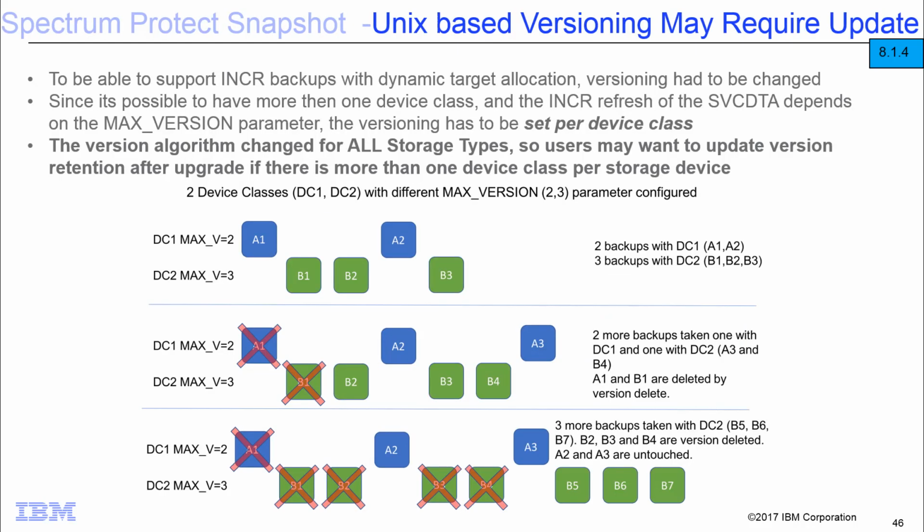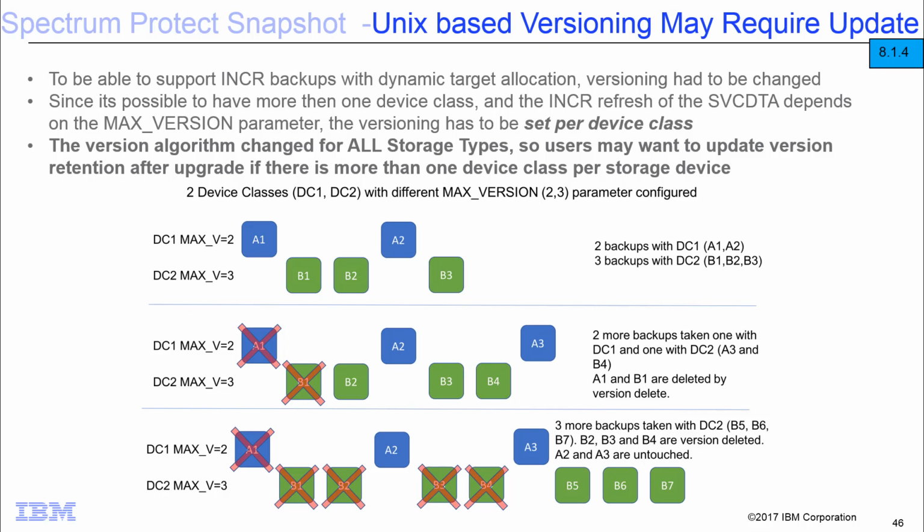Now, I won't read this slide completely to you. I'll let you do some reading on your own if you're interested in this particular feature. But there has been a change in the way that versioning is set in Spectrum Protect Snapshot for Unix.